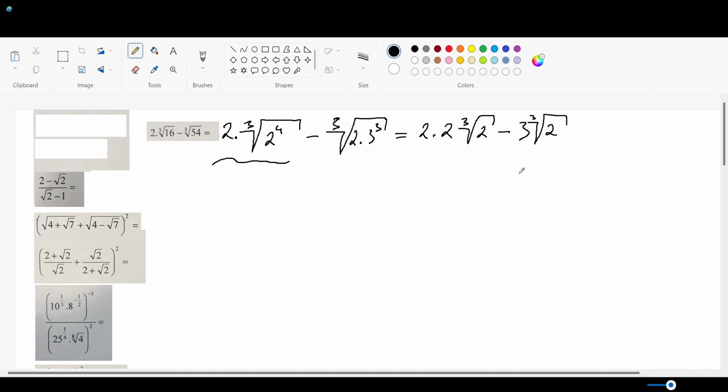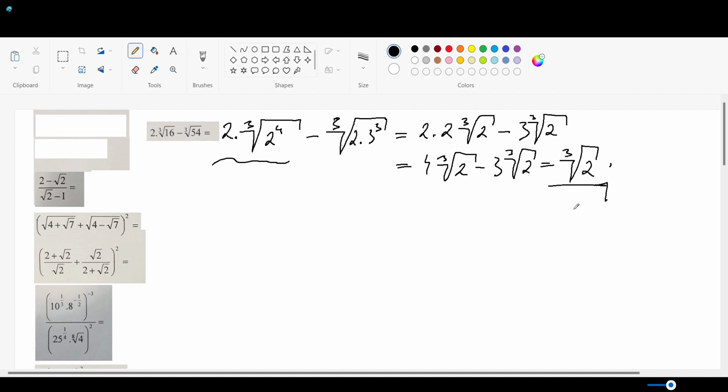This is really good news for us, because it means we can simplify this expression like 4 times third root of 2, take away 3 times third root of 2, and the result will be third root of 2. Okay, so this is our solution of this exercise.